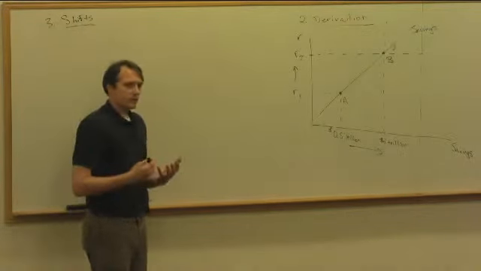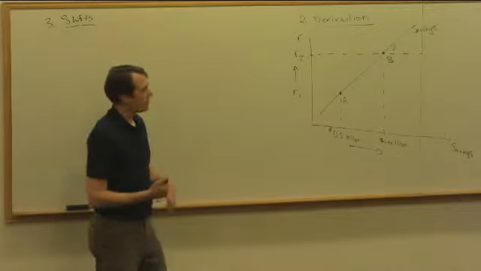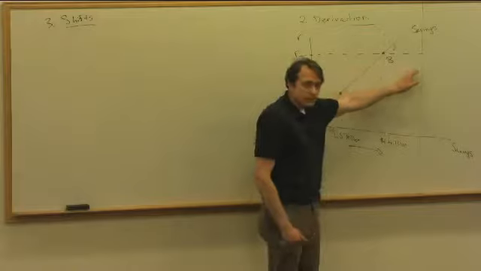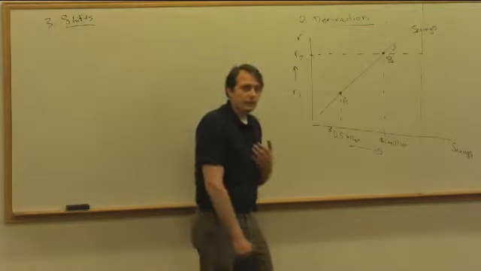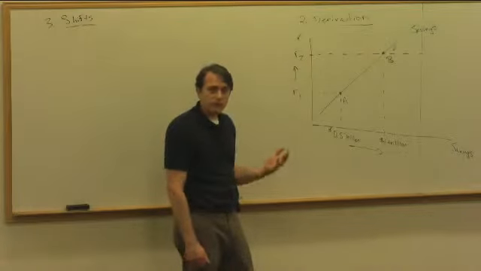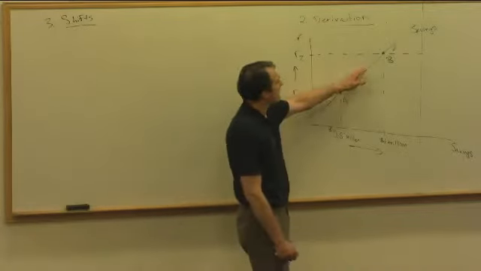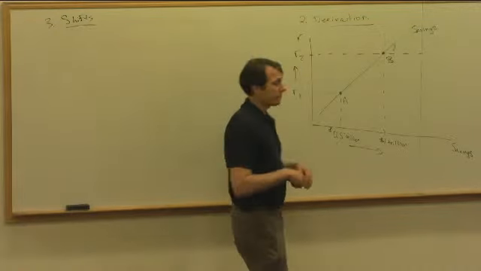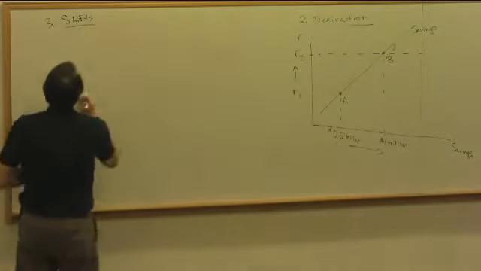If the event I described causes the amount of national savings to increase at every given real interest rate, then the national savings curve is going to shift to the right. If the event is going to cause the quantity supplied of national savings to fall at any given real interest rate, the whole national savings curve is going to shift to the left. So that's basically what it comes down to. Okay? So let's do shifts.